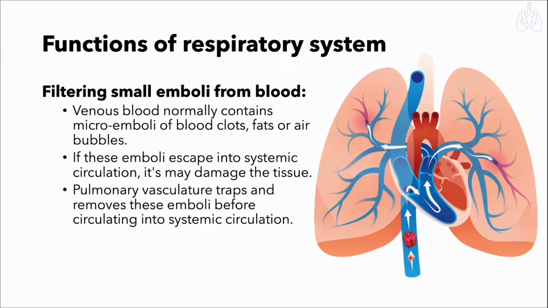Sometimes the blood coming back from the systemic circulation has a clot in it. In order to prevent this clot from being pumped back into the heart, and then causing a blockage somewhere in the arteries that supply the heart, the lungs play their role to filter, to become a strainer which will filter the clot, and there is also an enzyme that is going to dissolve the emboli before the blood is returned to the left ventricles.